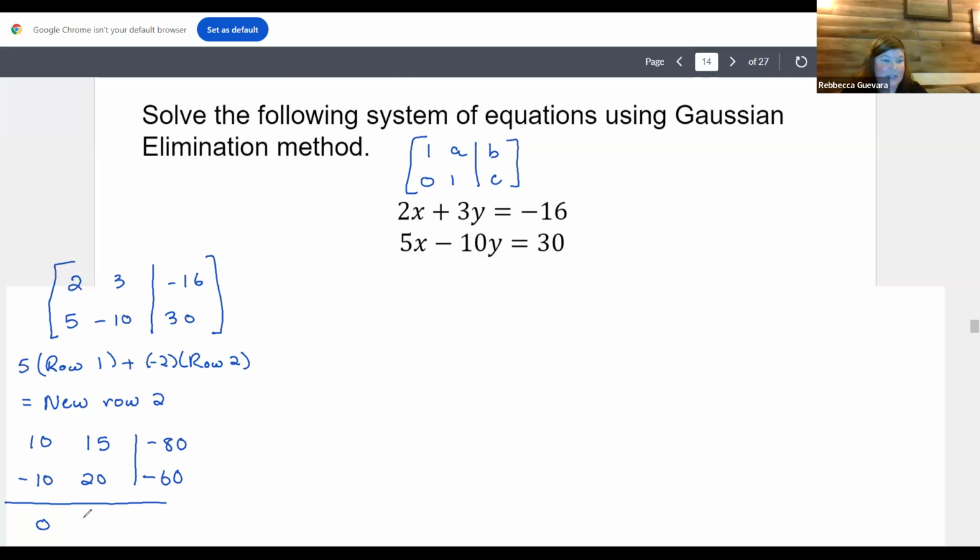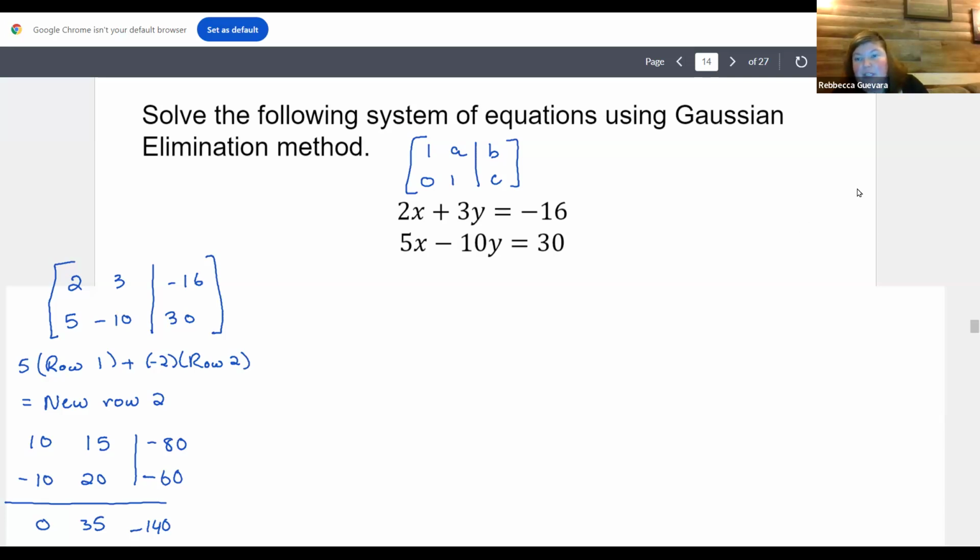Here we would get 35, and then this would end up being -140. Okay, and that was plus 35 there.